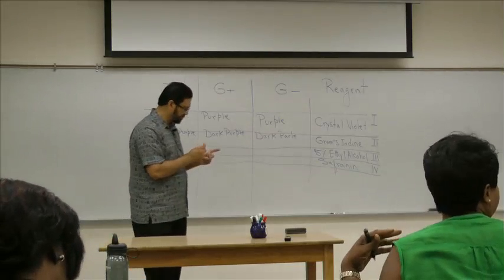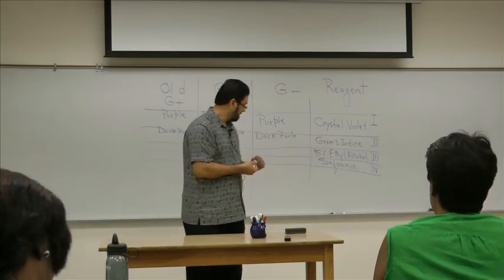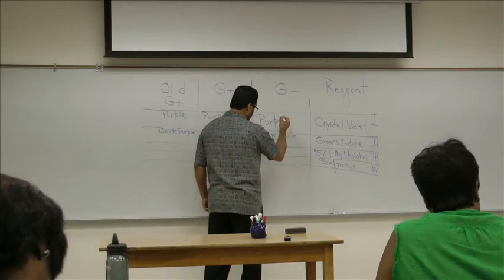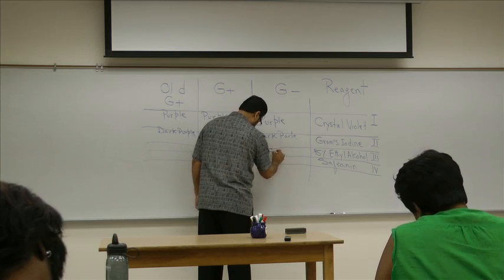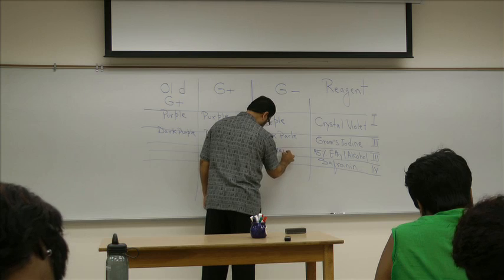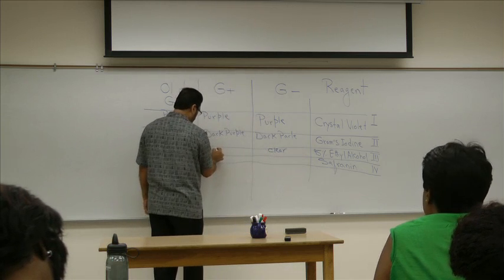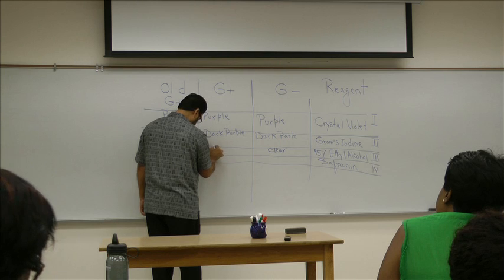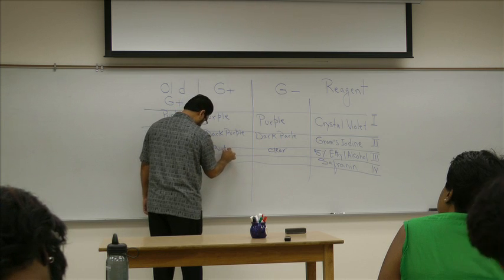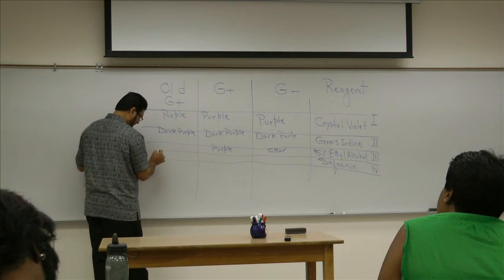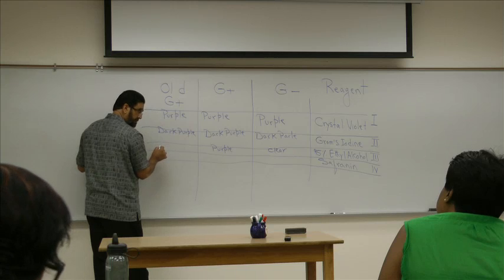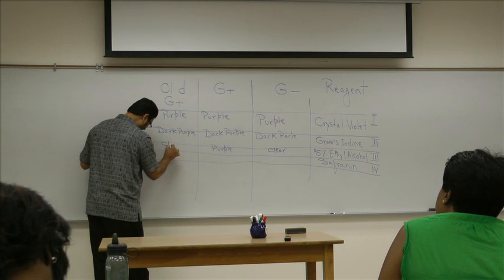Here comes the most crucial step. Gram negative: clear. Clear. Positive: purple. Old gram positive: clear.